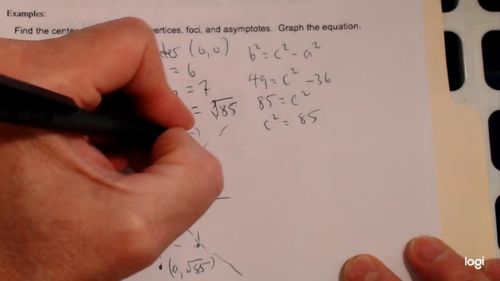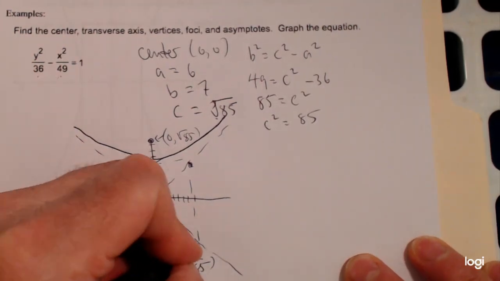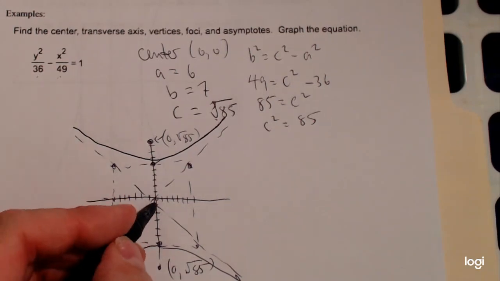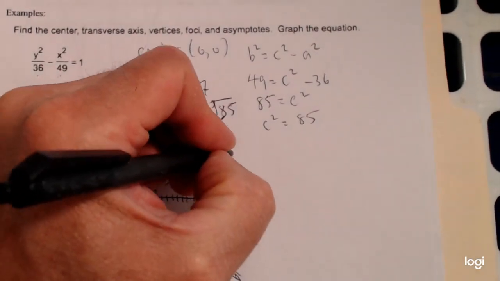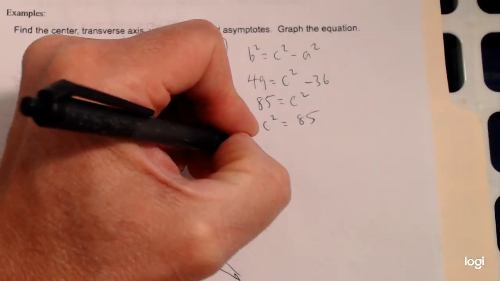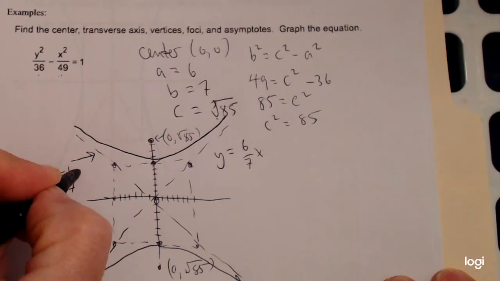And then our graph looks like that. Okay, so what's the equation of the asymptote? Well, let's talk about what the slope is. So it's going up 6 and over 7. And this one's going down 6 and over 7.